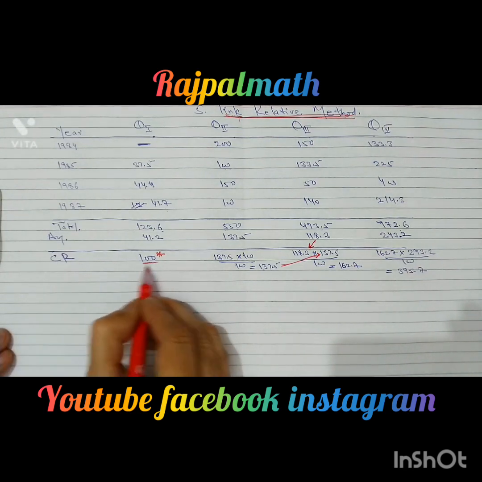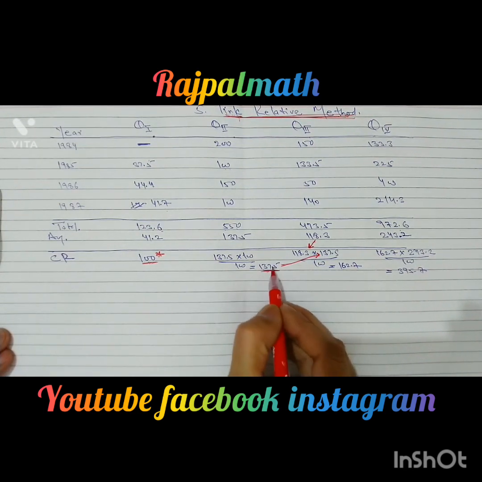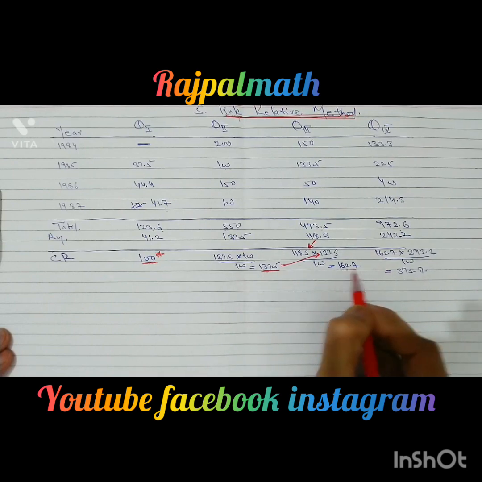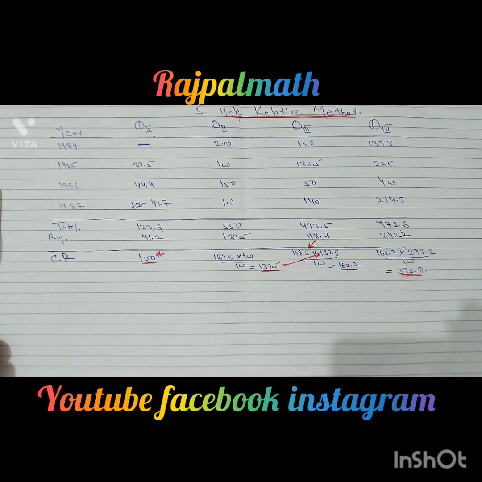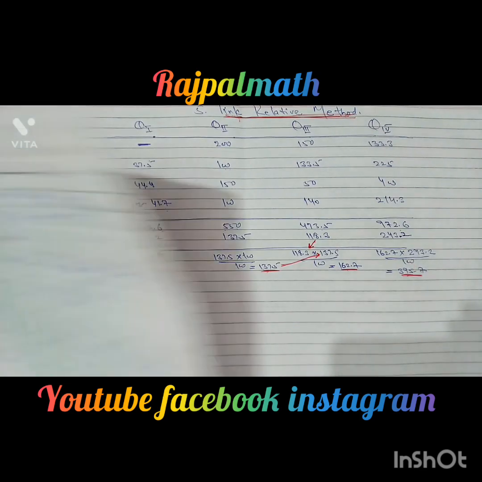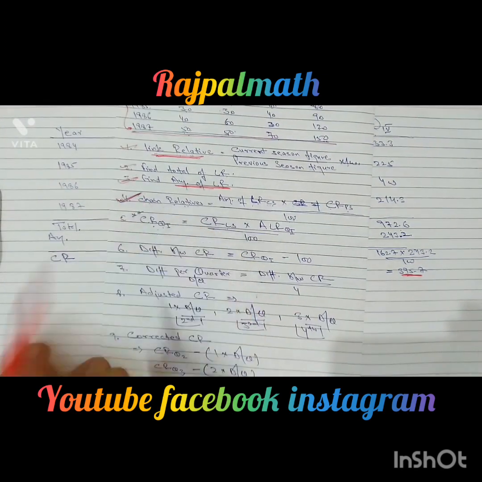So CRs for first quarter is 100, for next quarter 137.5, for next quarter 162.7, and for the last quarter 395.7. We have done with step number 4.